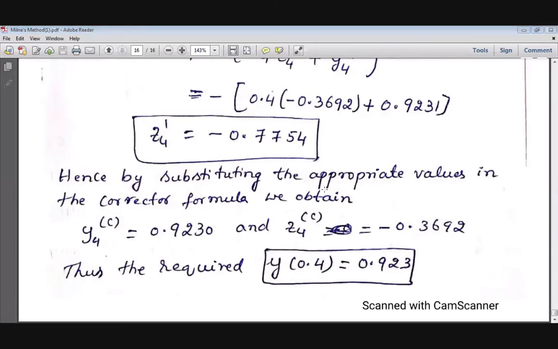Okay, any doubt in these methods in module 4 or in module 5, Milne's method or Runge-Kutta method of fourth order, of second order ODE? Any doubt in this? See once again, if you have doubt, you can ask.